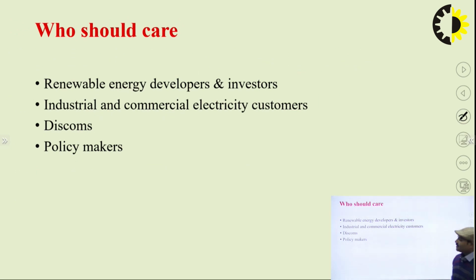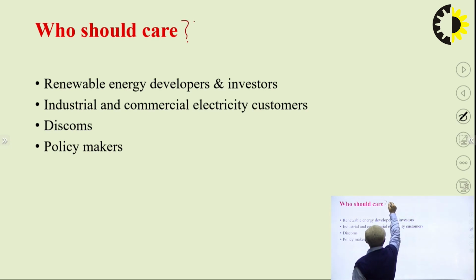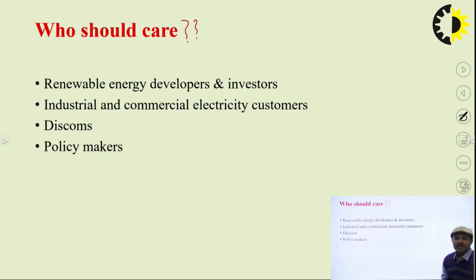So, who should care about the captive power plant? Because as we have seen throughout our discussion, these are quite important. These are helping DISCOMs also where it is not possible to extend the transmission wires. There we can set up the captive power plant.